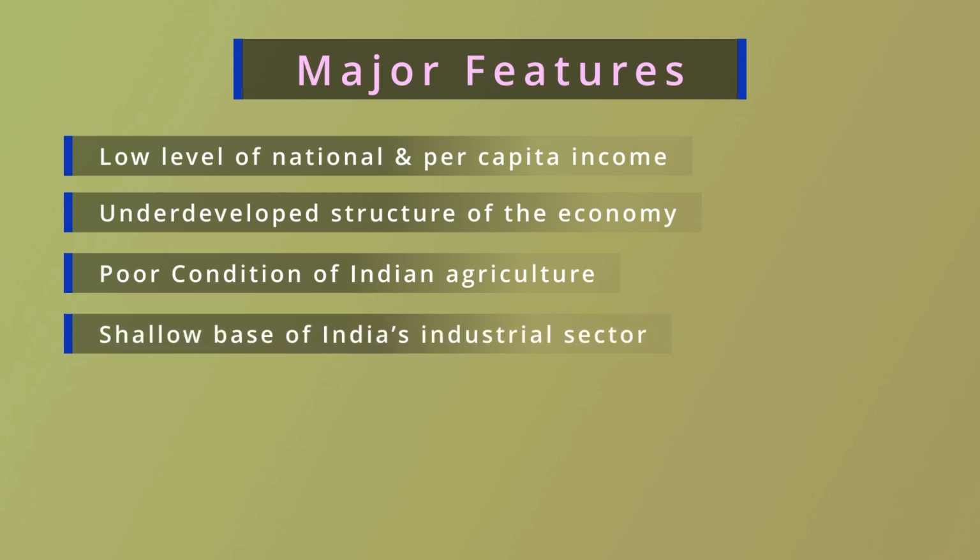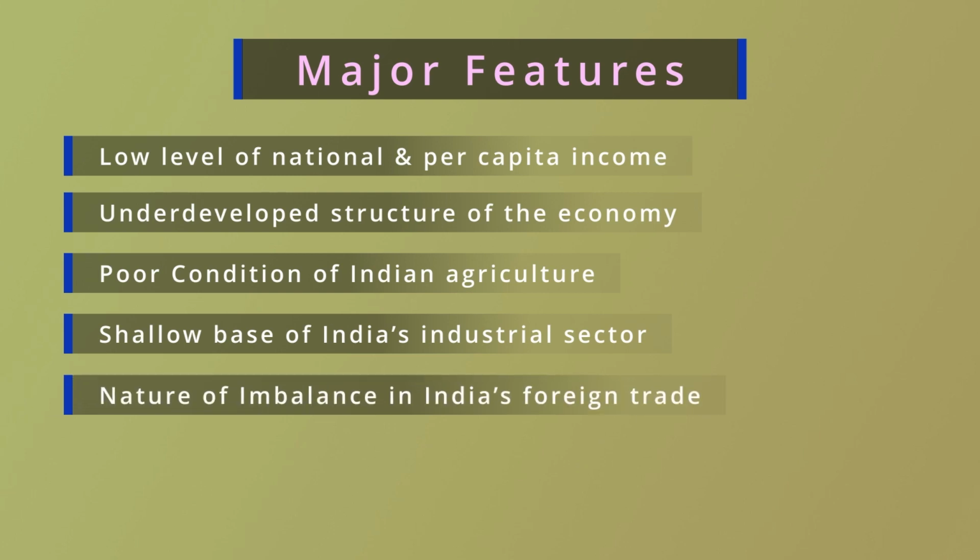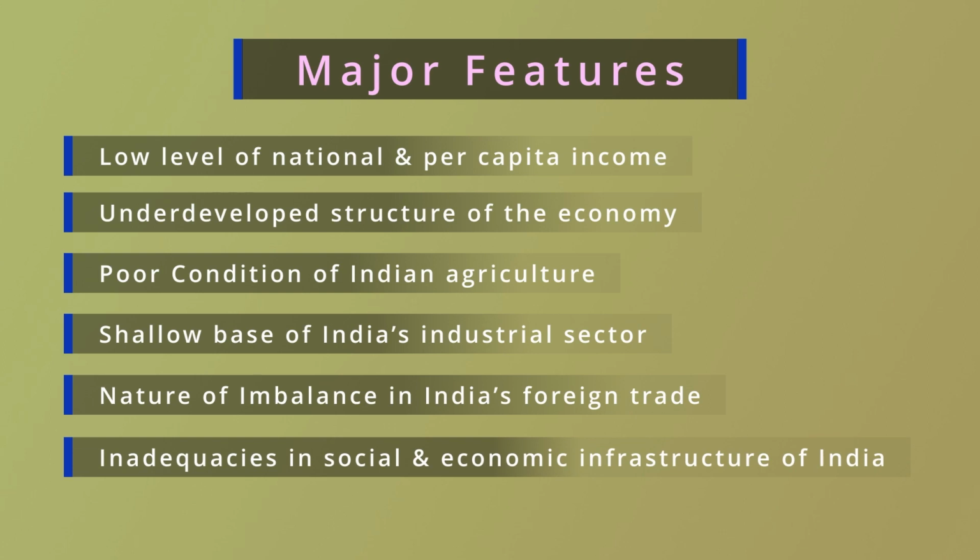Number four is the shallow base of the industrial sector of the Indian economy at that particular time. The next one is the imbalance in foreign trade in India at that time. And the last one we shall indicate is the inadequacy in the infrastructure, that is social and economic infrastructure, of India at that time period.